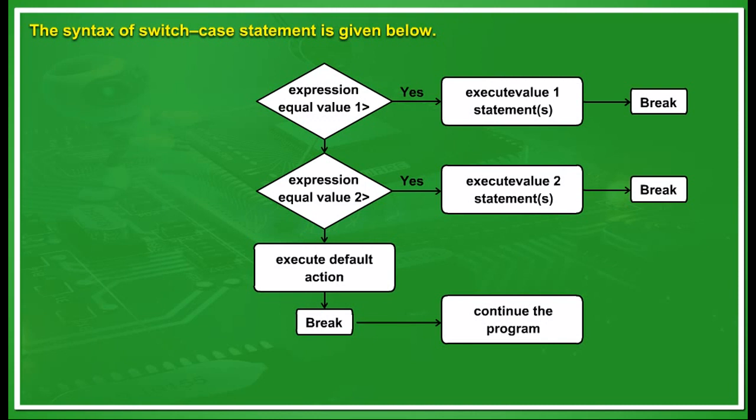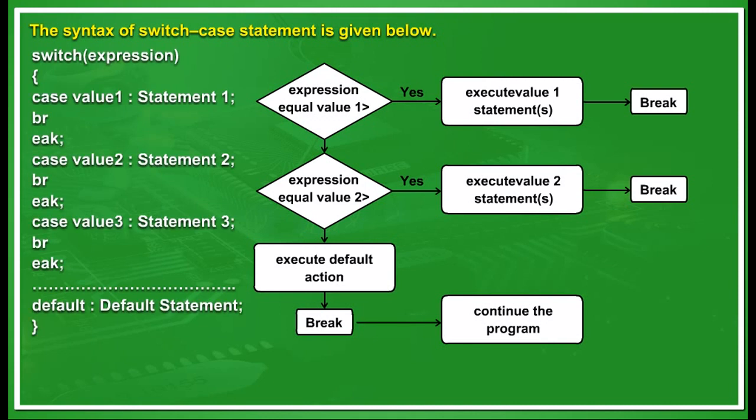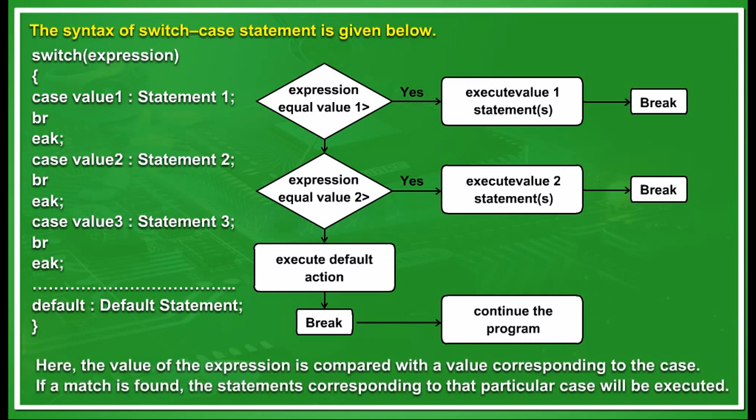The syntax of the switch case statement is given below. switch (expression) { case value 1: statement 1; break; case value 2: statement 2; break; case value 3: statement 3; break; default: statement }.